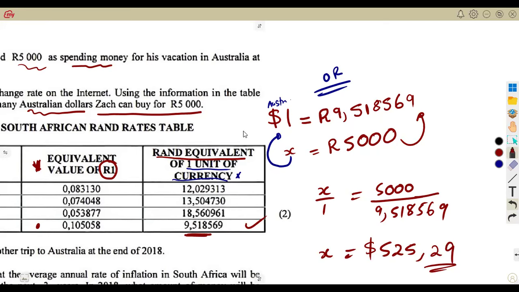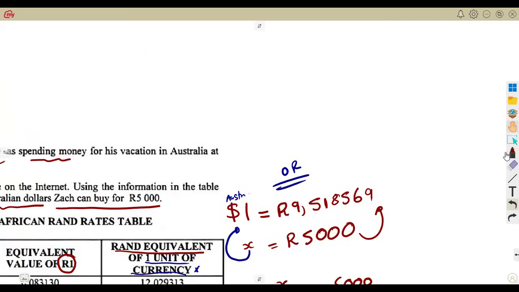That's the idea there. If you wanted to do the cross multiplication, because I once talked about cross multiplication, someone might say, what if we do that cross, is it going to work? Yes. You multiply this to this one, and this to this one. So it is going to be 9,518,569 times x is equal to 1 times this 5,000, so 5,000. You want to find x, you're now back to an equation.